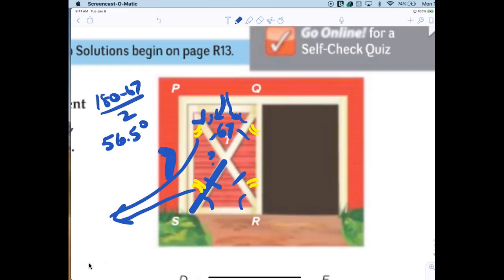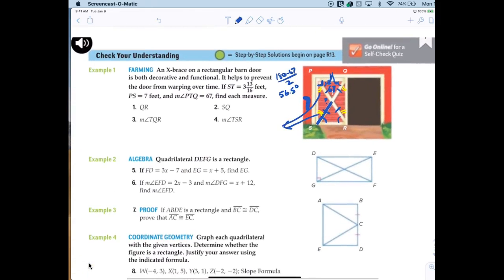Or we could have just said 56.5 subtracted from 90. Everybody good with that? Very simple. So we now have figured out all of the interior angles, correct?